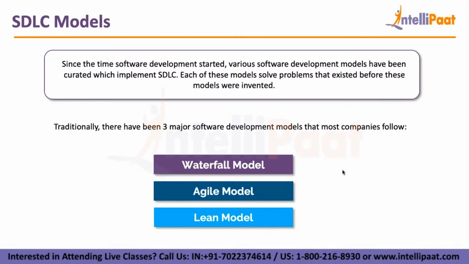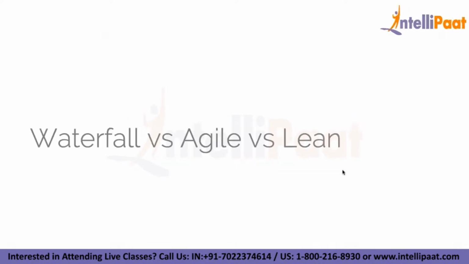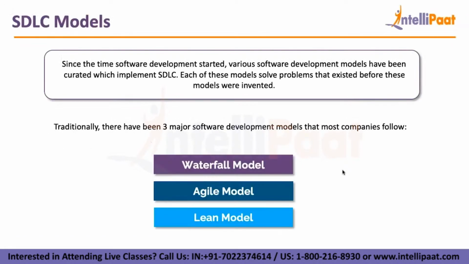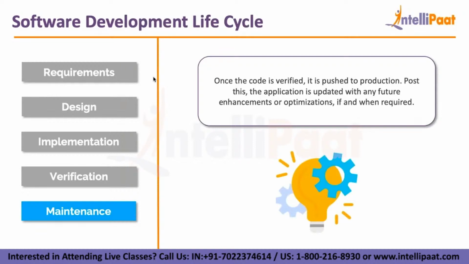All right, let's start with the waterfall model. What is the waterfall model, and what is the difference between waterfall, agile, and lean? Waterfall model means that these stages, requirements, design, implementation, verification, and maintenance, are implemented sequentially. What does that mean?